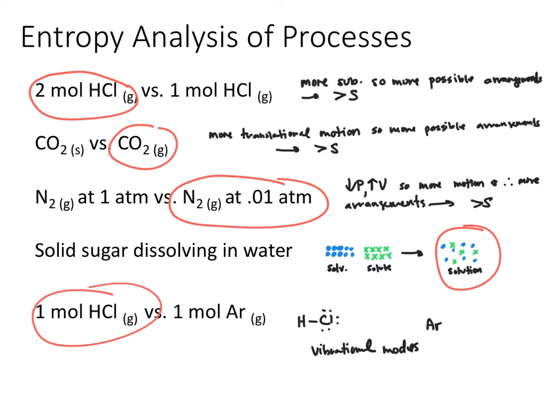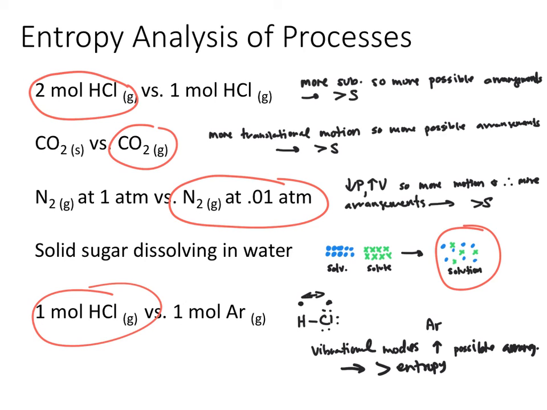Okay, so basically while this hydrogen can move back and forth relative to the chlorine, argon doesn't have that vibrational mode component. So the vibrational modes increase the possible arrangements. Okay, and that leads to greater entropy.